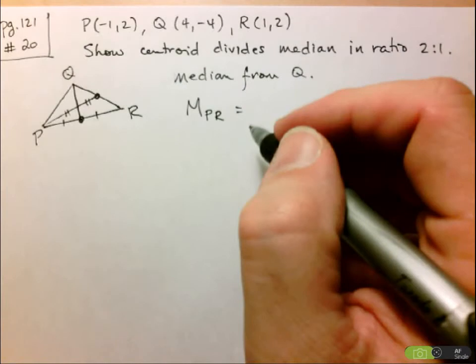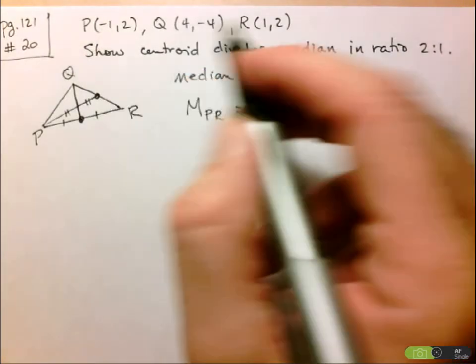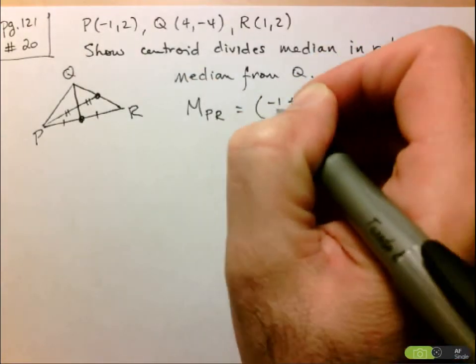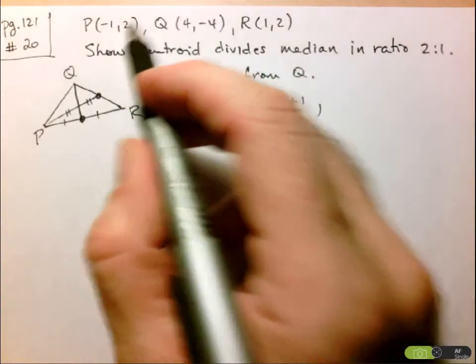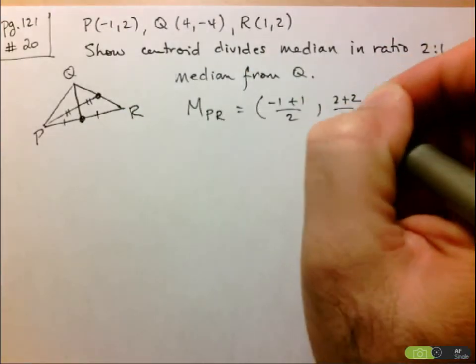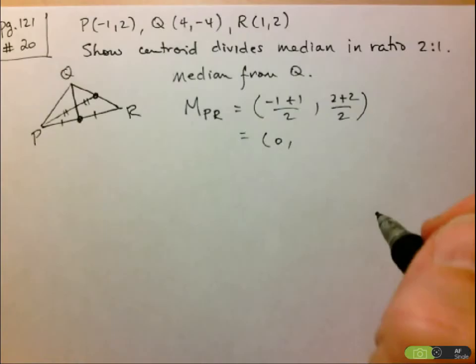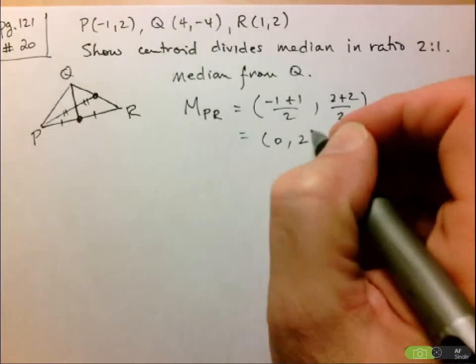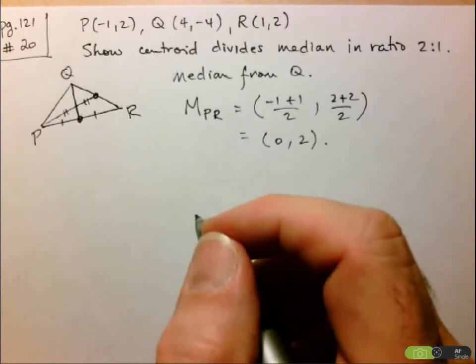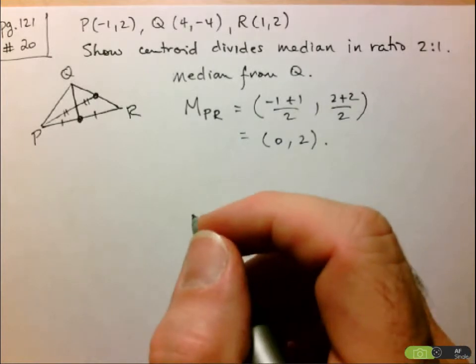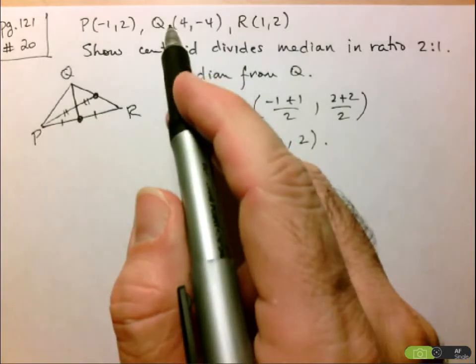The midpoint will be (-1 plus 1) over 2, and then (2 plus 2) over 2. That gives us 0, which is kind of nice, and then 4 over 2 is 2.